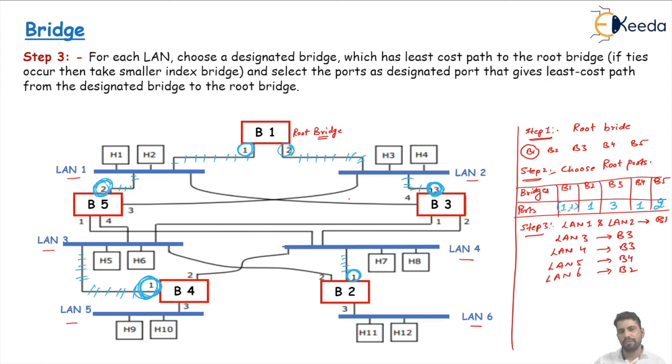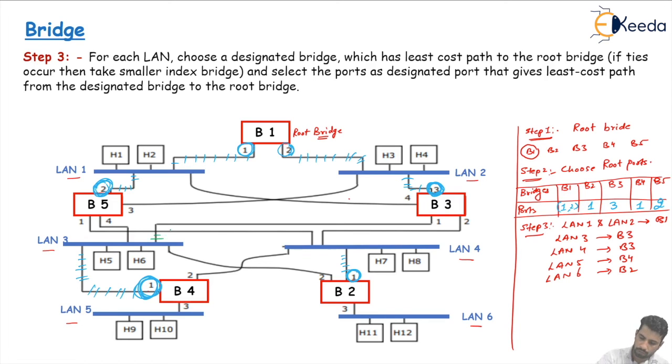But before that, we chose only the root designated bridge for the LANs. We also need to choose the designated port. So from whichever port we are reaching the destination, we will choose that one also. For LAN number 3, we will reach through bridge number 3, and the designated bridge port is this one.